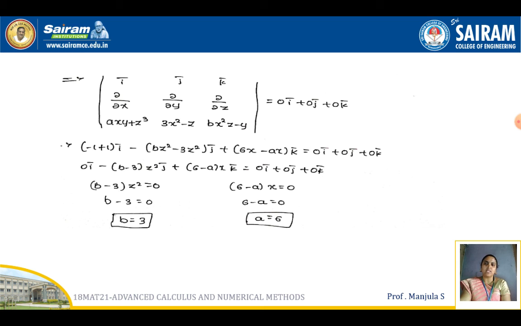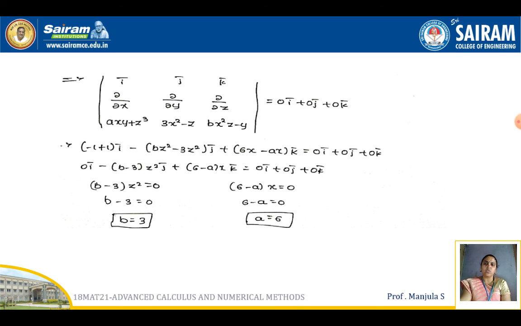So the first row is i, j, k, it is fixed. The second row will be ∂/∂x, ∂/∂y, ∂/∂z. And for the third row you substitute the coefficients of i, j, k from the vector f equation, that is axy plus z cube, 3x square minus z, bxz square minus y, which is equal to 0 i cap plus 0 j cap plus 0 k cap.